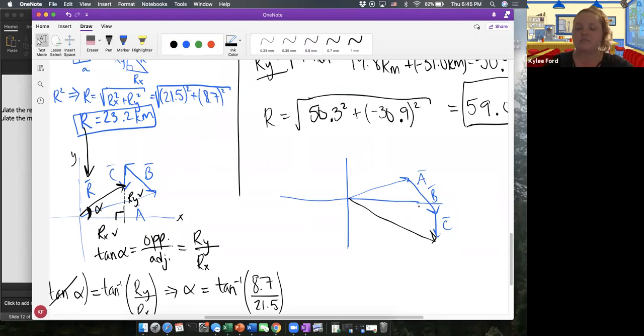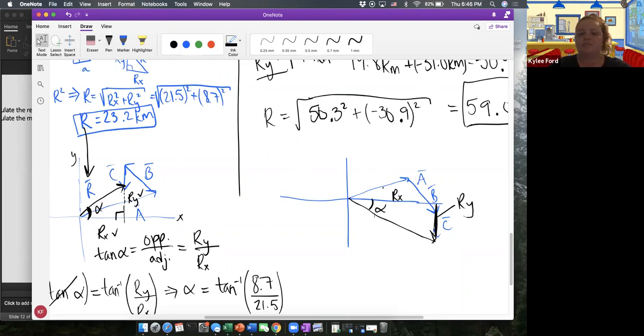All right, so we can analyze it just like we did before. Remember that this right here is our RY. This is going to be our RX on this side. And then this will be some angle alpha.